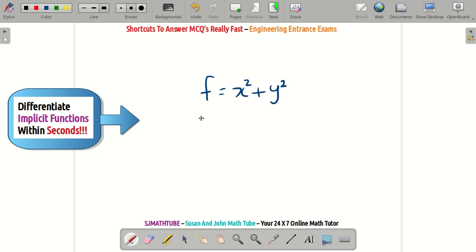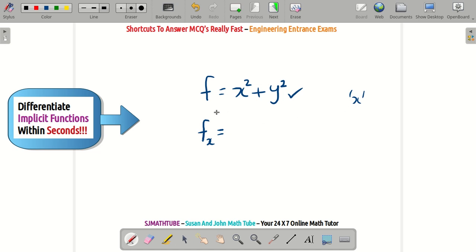If you want to differentiate f partially with respect to x, the trick is you imagine x is the only variable in the expression. Just imagine there is only one variable and that is our x.